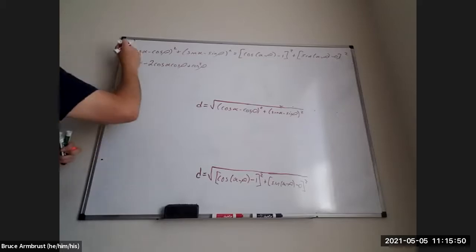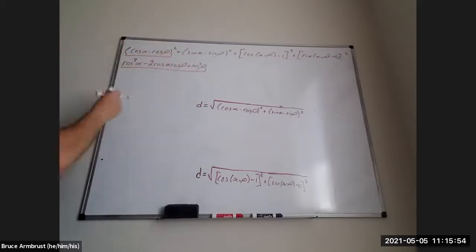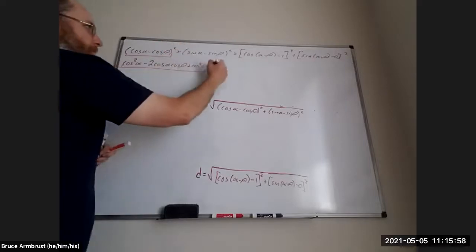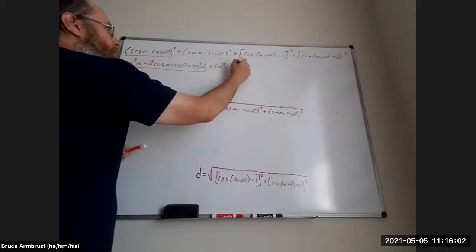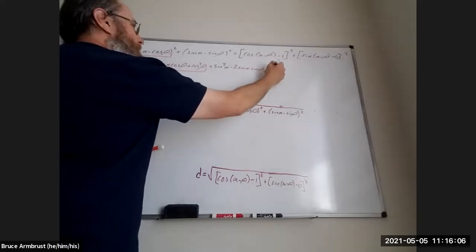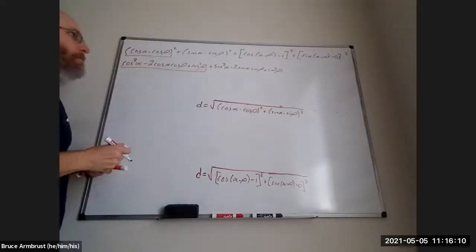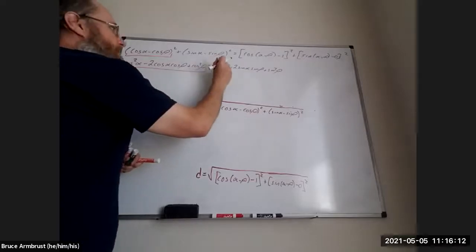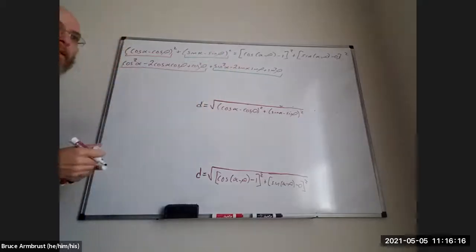So all of this came from squaring out cosine alpha minus cosine beta. Do the same thing for the next piece. So we're going to get sine squared alpha minus 2 sine alpha sine beta plus sine squared beta. So all of this was that piece.